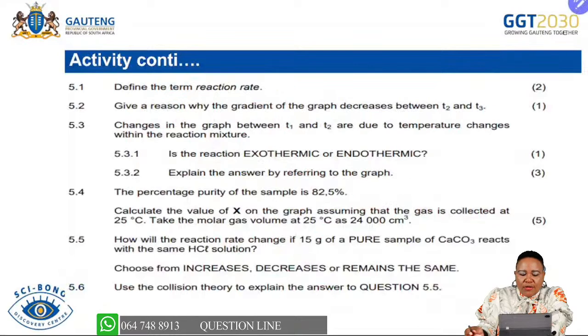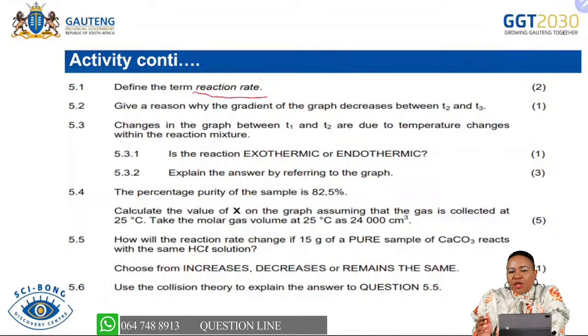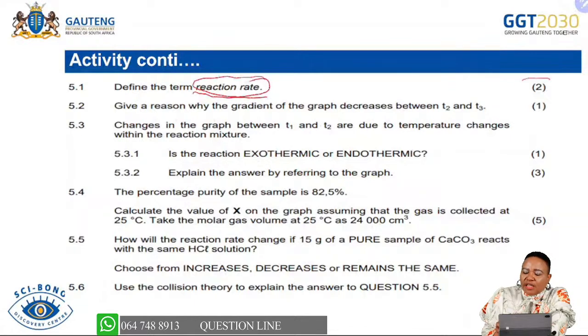Now the first question says define reaction rate. That is why I was saying before you start the question, gather all the important facts and all the important definitions about that question. I think the 2 marks for defining rate of reaction, all of us need to be able to get it because it's a simple definition that everyone can recall easily.